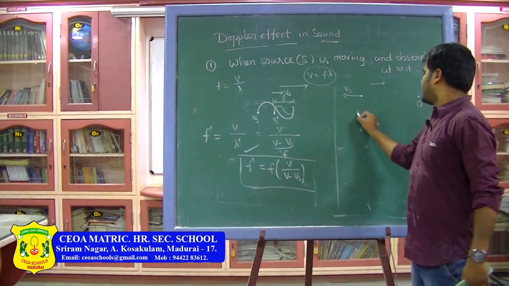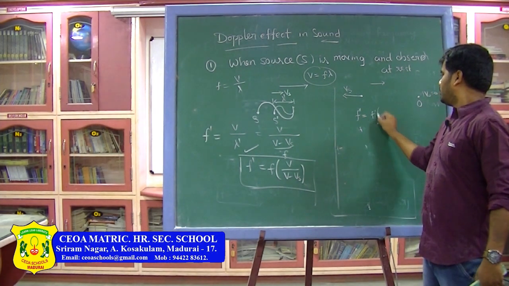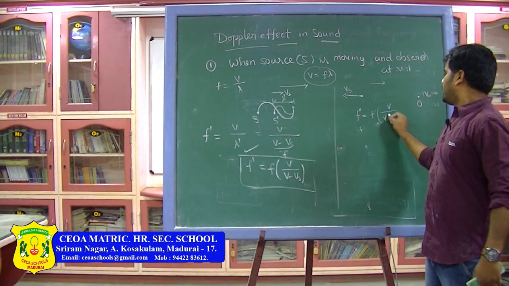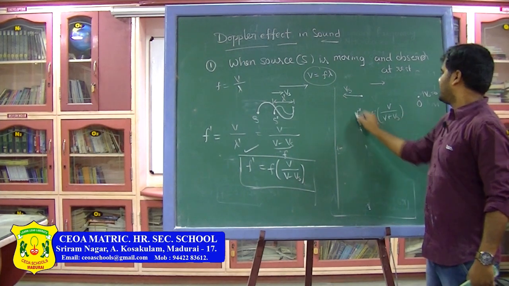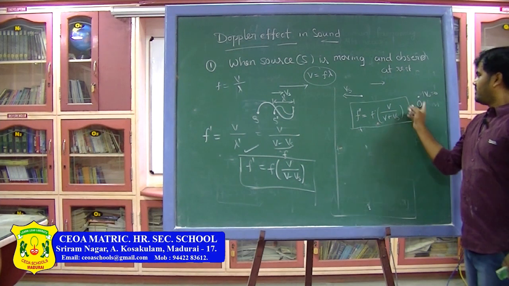That means if I write that frequency as f double dash, then f double dash is equal to f into v divided by (v plus Vs). So this is the apparent frequency when the source is moving away from the stationary observer.